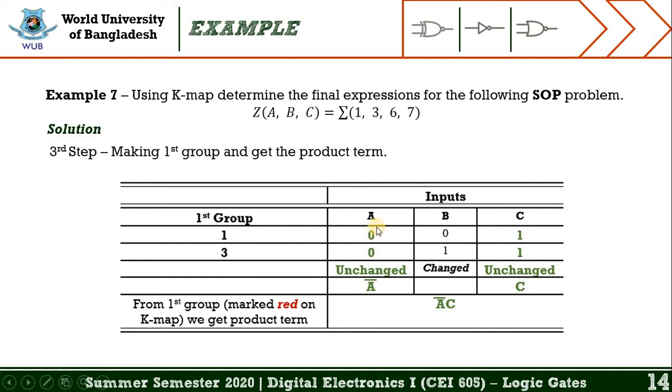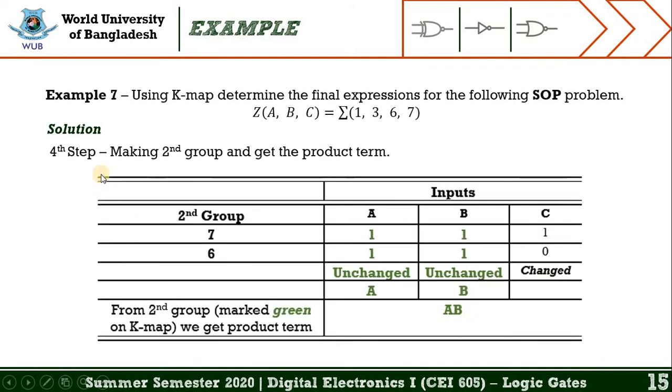We just consider what is unchanged, which is A and C. For A we get 0, and for C we get 1. That's why we write C, and for A we write A bar, because we do not want 0. So from the first group, marked red on the K-map, we get the product term A bar C. So let's move into the next slide.